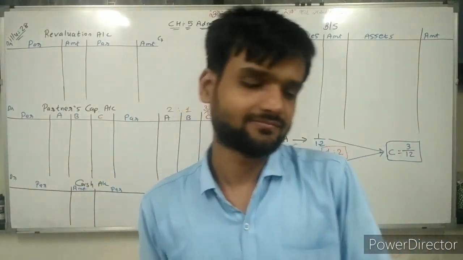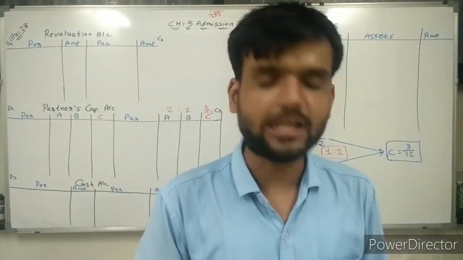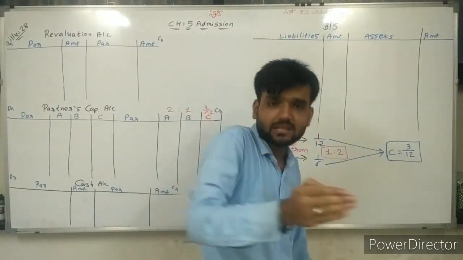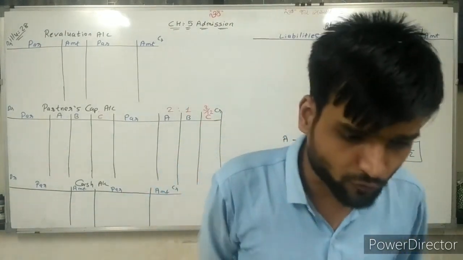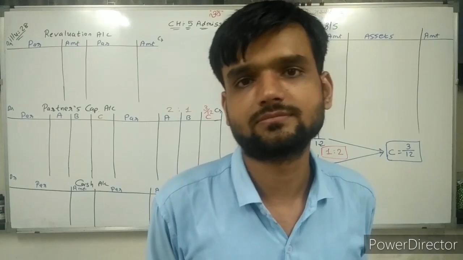Going ahead, adjustment number 3. C brings his share of goodwill in cash. It means 3 upon 12 is brought in cash. Now what is the value of goodwill? Goodwill is valued at rupees 1,80,000.